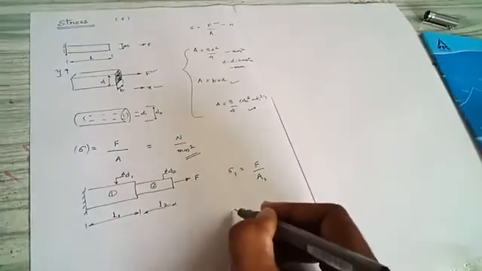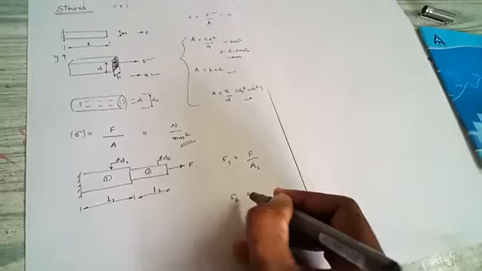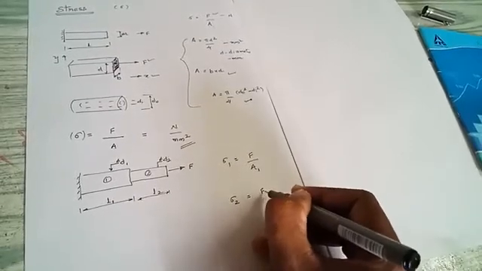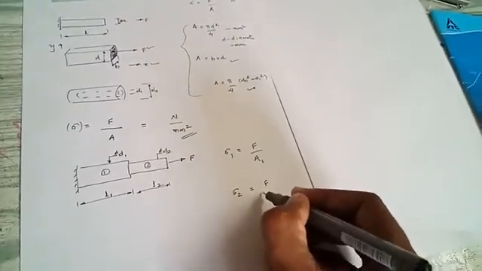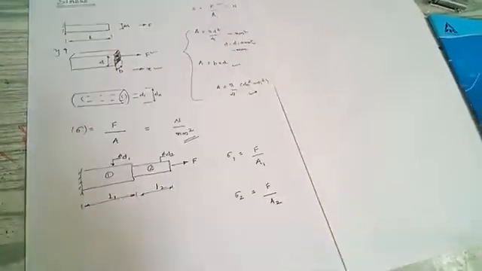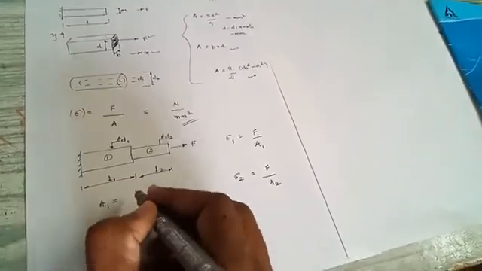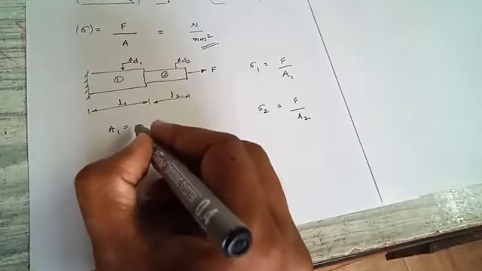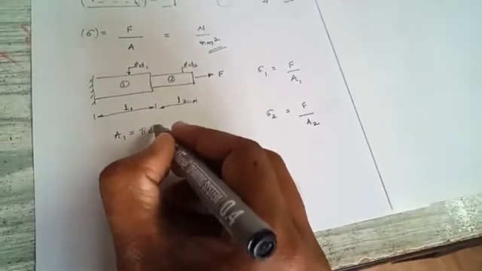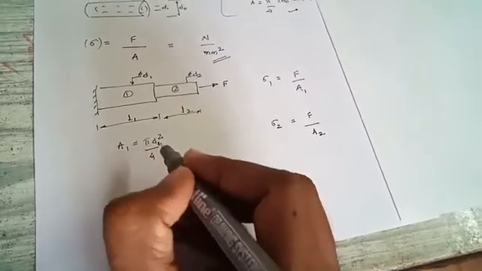The second equation that I am going to write for the second portion is sigma 2 is equal to F, as usual the same, because only one force is acting, divided by the area, here A2. So what is A1 here? It is a circular one, so we will write this as pi d square by 4, and here I have to write it as d1.